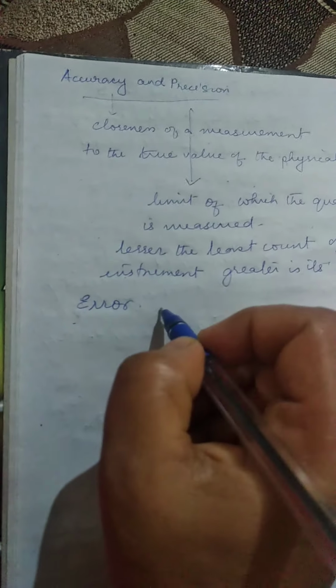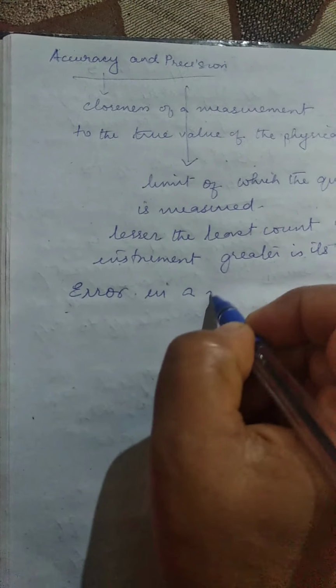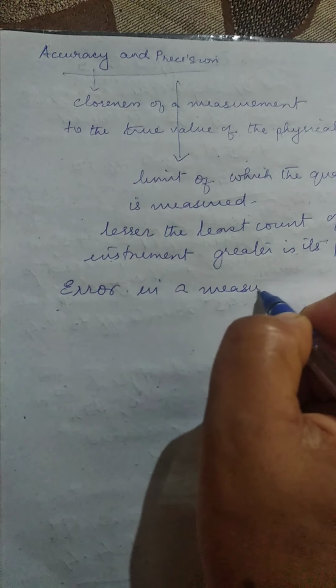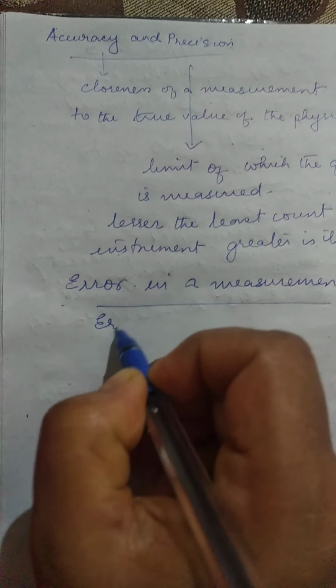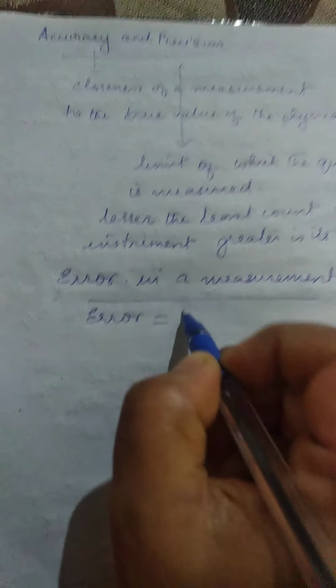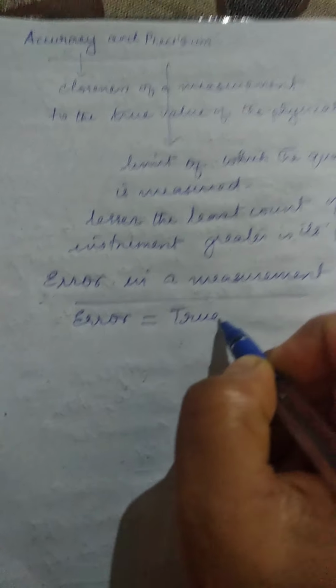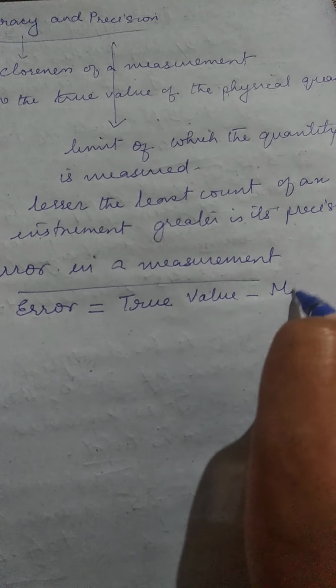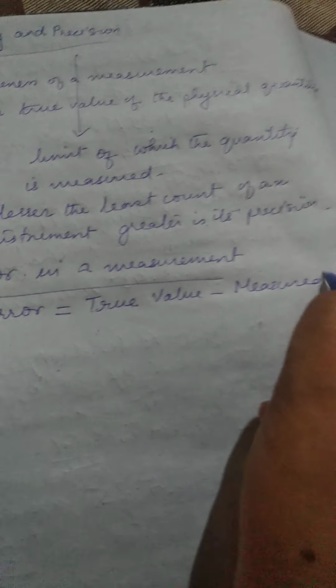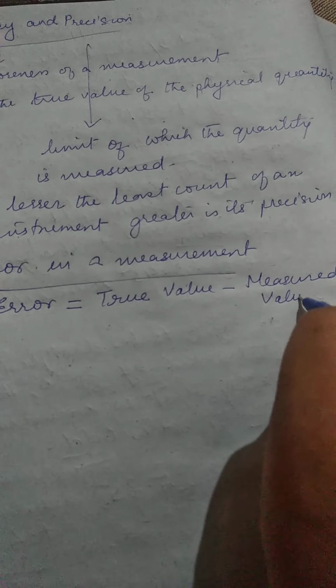Error is equal to the difference between the true value and the measured value.